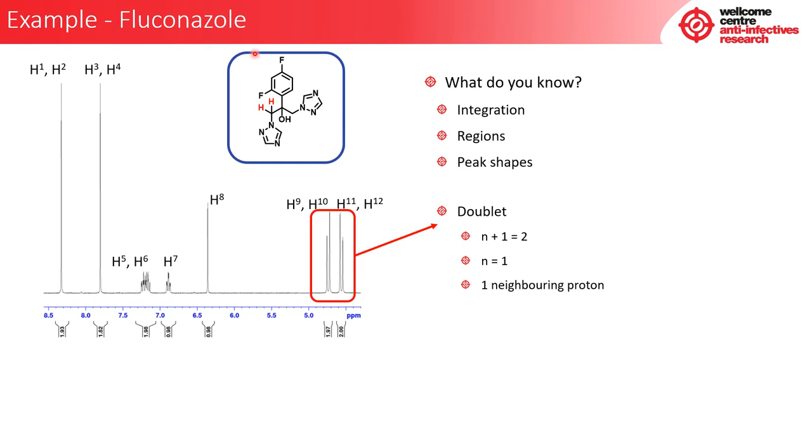Looking at the structure of fluconazole, we are ideally, first of all, looking for a CH2. And here we have 2 sets of them, with one of them being highlighted on this diagram. It says here that there is 1 neighbouring proton. So when we actually look at this CH2, we try and find that neighbour. We look down towards this nitrogen species and realise that there's no proton attached onto it. So it can't be this. We then look in the opposite direction and we see a quaternary carbon.